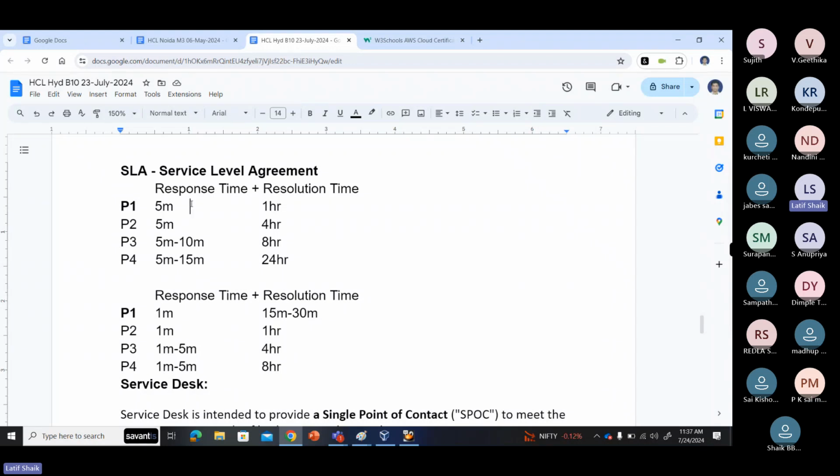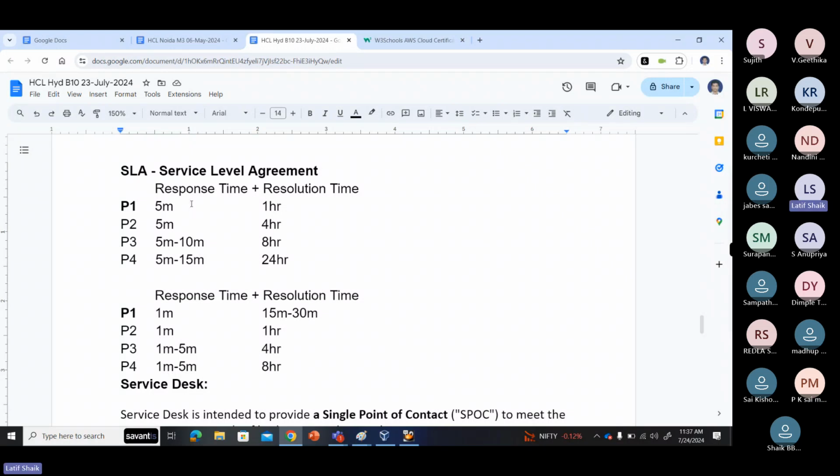Is it related to the server, connectivity, or maybe an application issue? Or did a new change cause this issue? So you have to investigate and resolve it. But you will get more time for a P2 and P3. So depending upon the issue, we define the priority, and each priority has a different time.